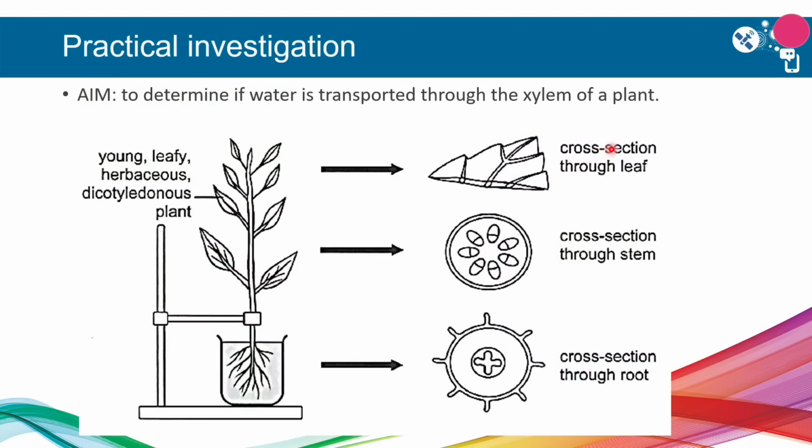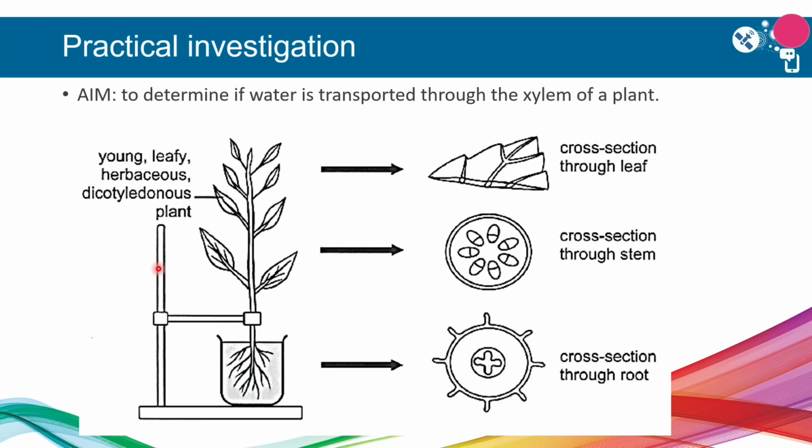Okay. All right, so just quickly looking at a practical investigation that your teacher can also use to extend your knowledge. In this investigation, we can investigate whether water is actually transported through the xylem.